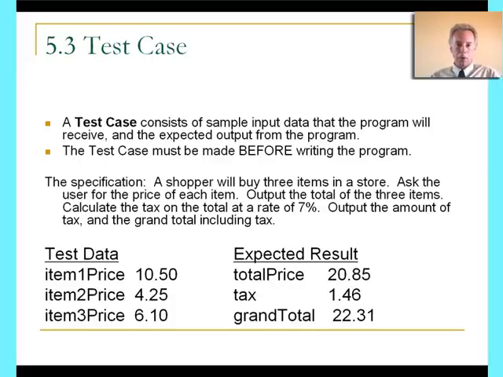So if you know, given that input, what the expected output should be, then you understand the problem. And again, this one is a pretty simple one. So total price should be the sum of these 3 numbers, the 3 input numbers. The tax should be 7% of the total price, and the grand total should be the total price plus the tax.